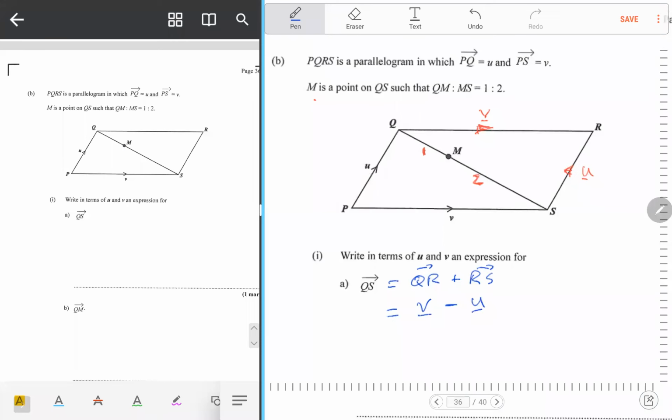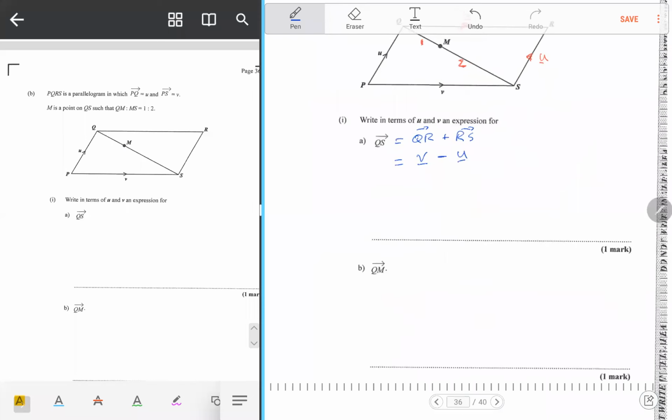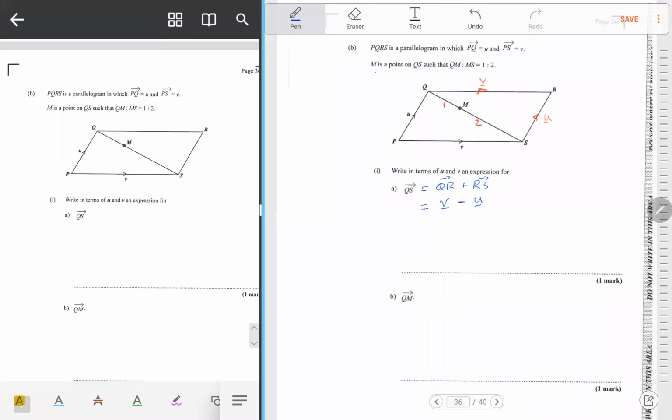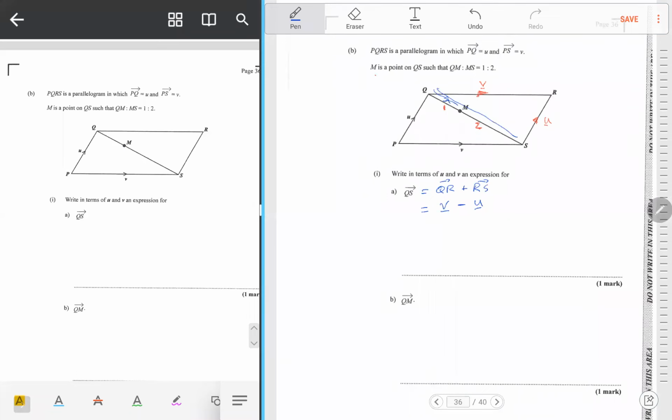All right. Then the next part is asking us for QM. Remember, QM is this little piece right here, and we say that is 1/3 of the whole thing, QS, based on the diagram. We already know what QS is, so we can use that information. So QM is equal to 1/3 of QS.